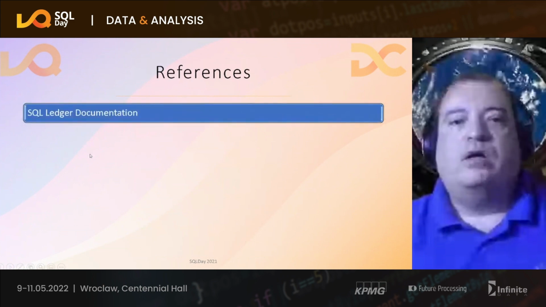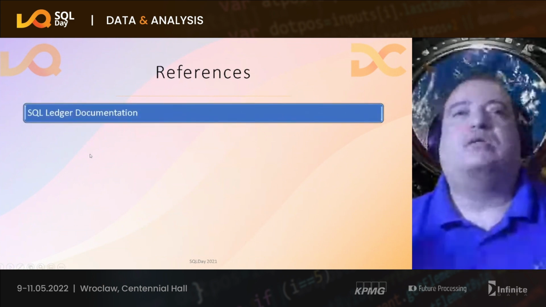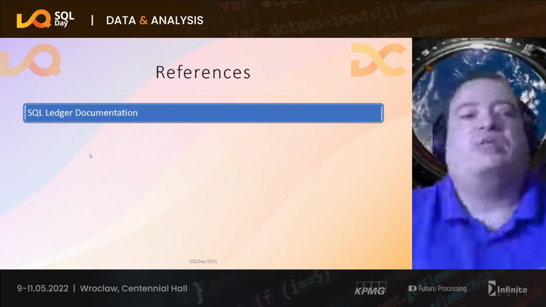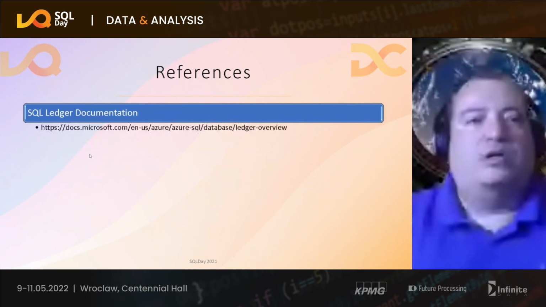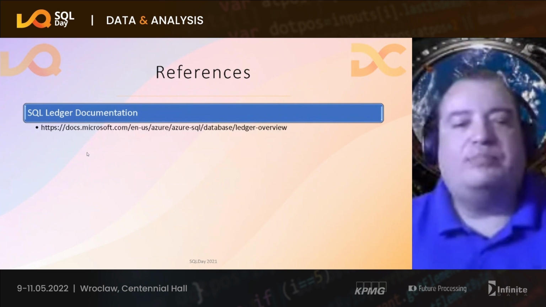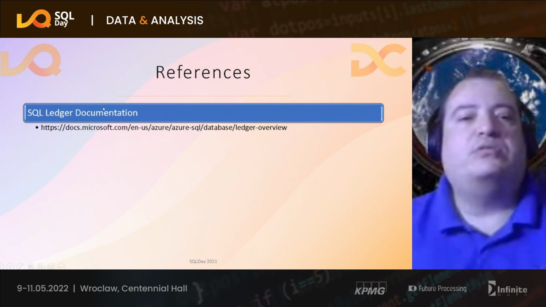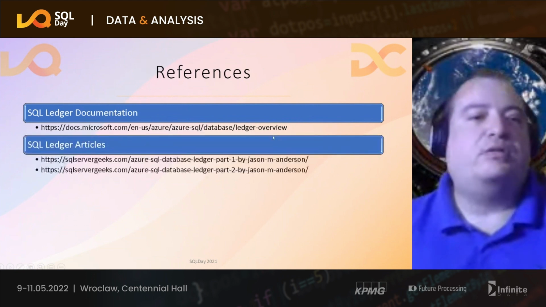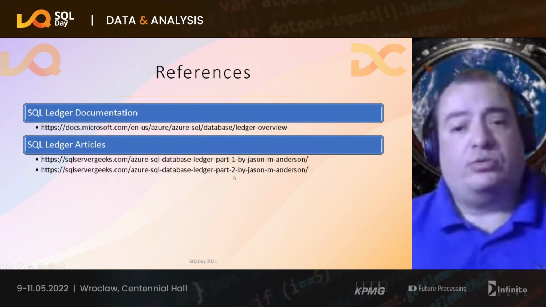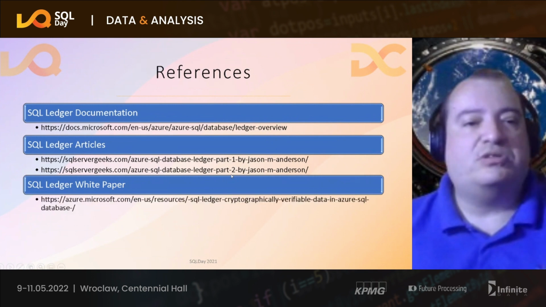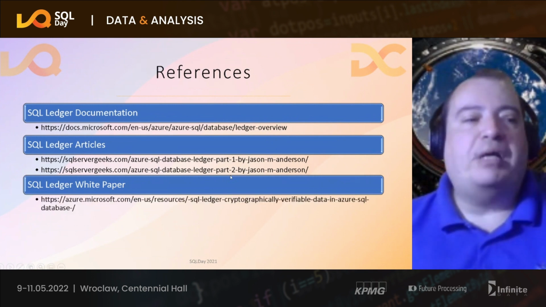Some references about all that I talked about. These references are not just about the same things that I talked about. They are quite interesting and important to dig much deeper on SQL Ledger. The SQL Ledger documentation on the Microsoft website. SQL Ledger articles that go very deep on SQL Ledger, a good start. And the SQL Ledger white paper.